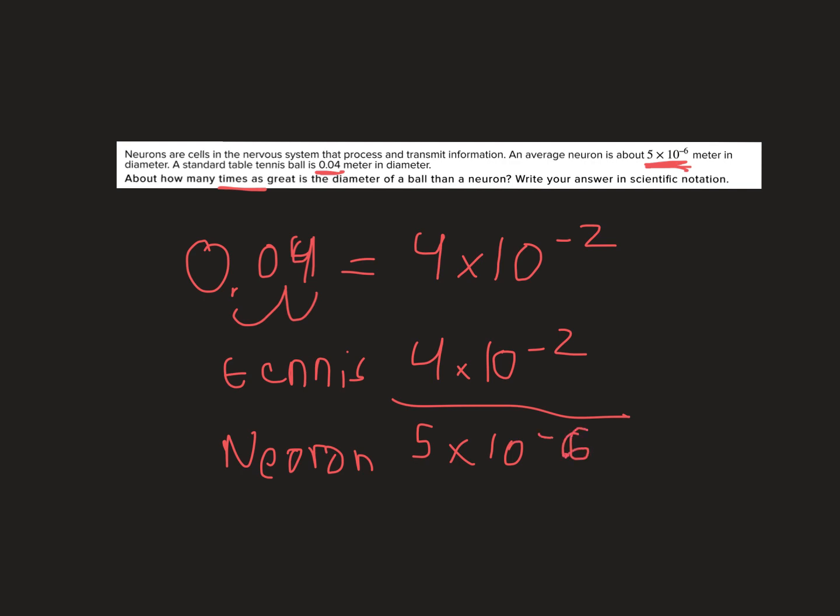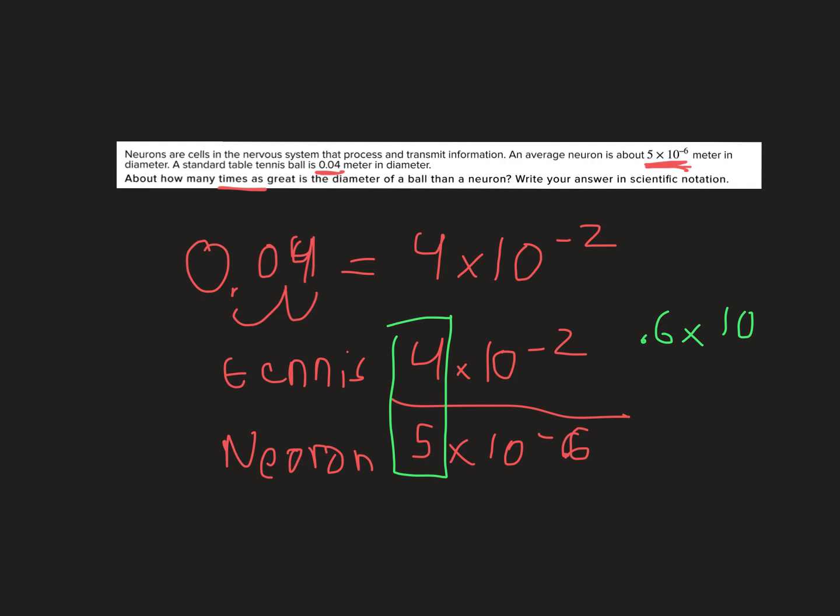Okay, we're going to take this one chunk at a time. 4 divided by 5. Can't really do that. 4 divided by 5 in a calculator is either 4/5 or 0.6 times 10.